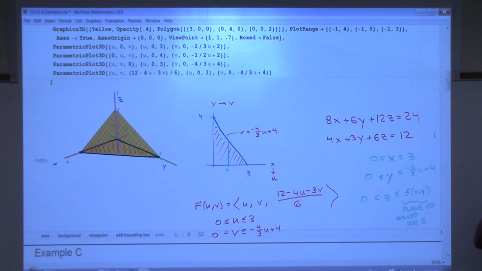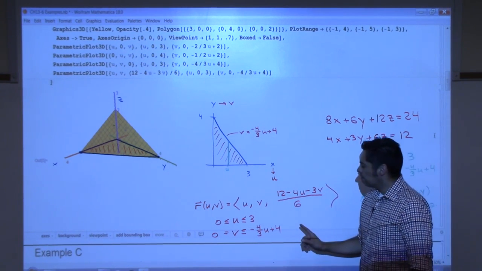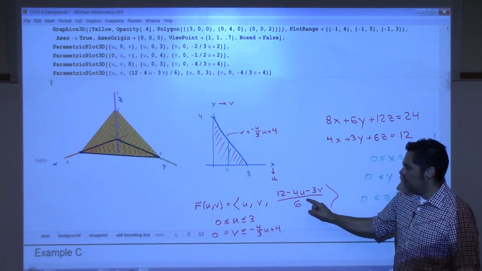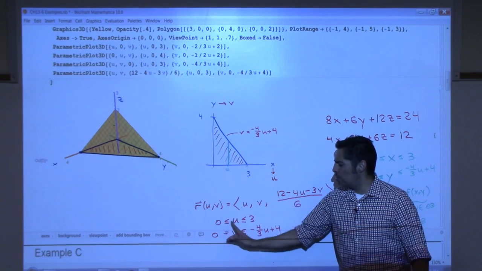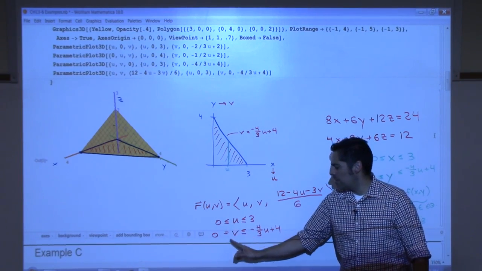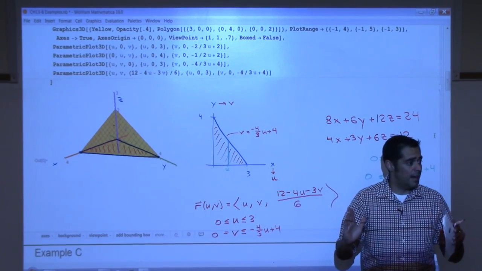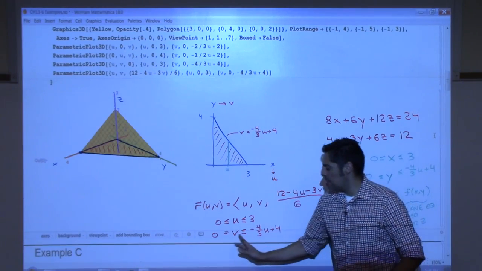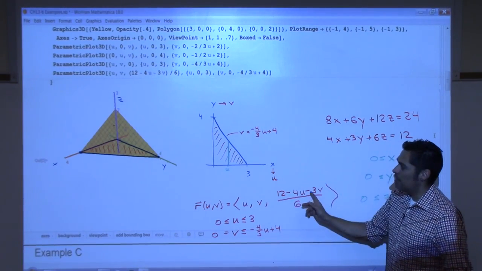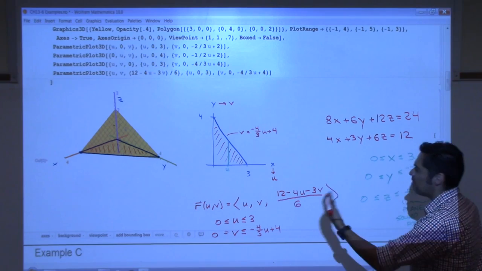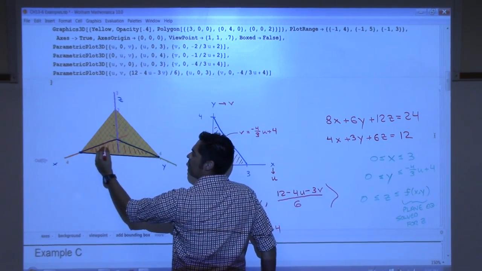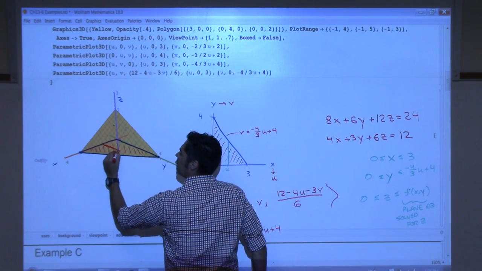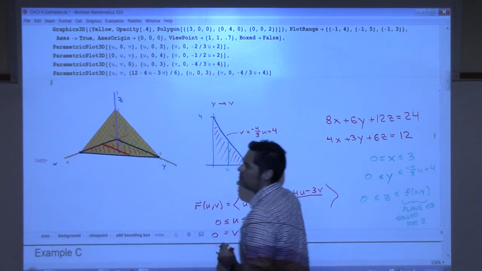So what's really important for you to understand here is that this is only going to give you a single value for the z. Once you pick your u, right, your v's are stuck between two numbers now. And everything in between those two numbers is going to get plugged in here. And so what's going to happen, I'm trying to draw it for you. You pick a u, which is like the x. You pick a u, then it draws, your v's are restricted between here and here, aren't they?